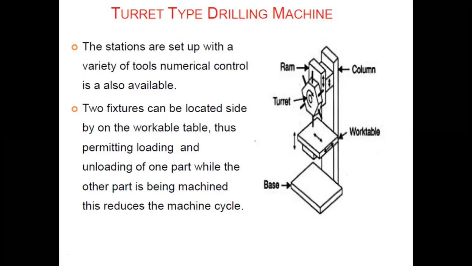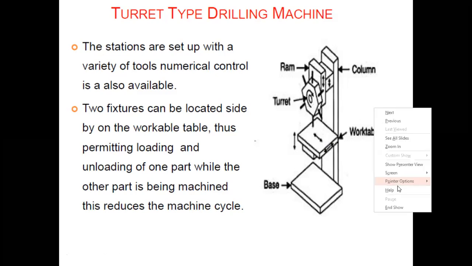So you can increase the productivity of the machine, reducing the production time and thereby increasing the production. The stations are set up with a variety of tools, as you can see in this turret. Different kinds of tools you can mount on this.